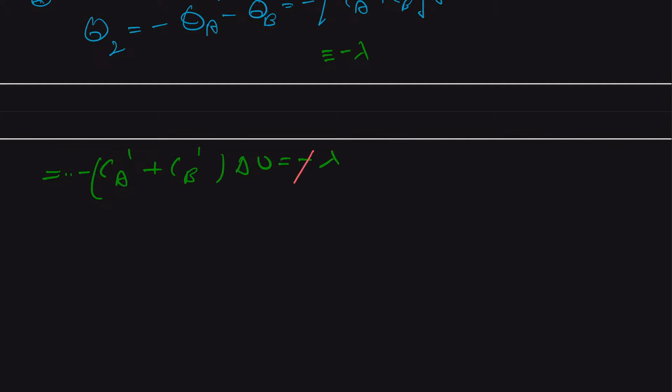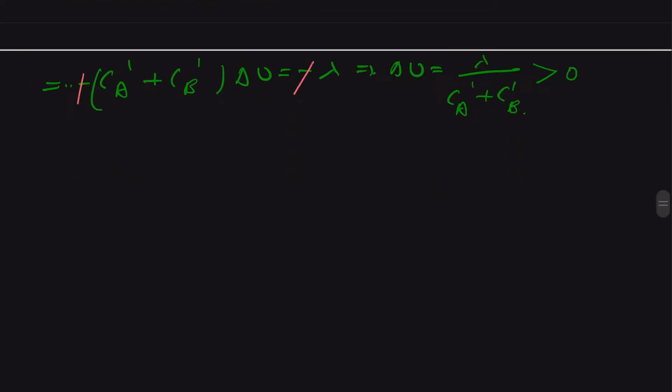So this minus and minus cancels out, and from here we get that our delta of V is equal to our lambda upon CA prime plus CB prime, okay, and which will be nothing but greater than 0. Therefore, our delta V is greater than 0, which is it is positive. Therefore, we can say that our V2 is greater than our V1. This conclusion we can draw from here.